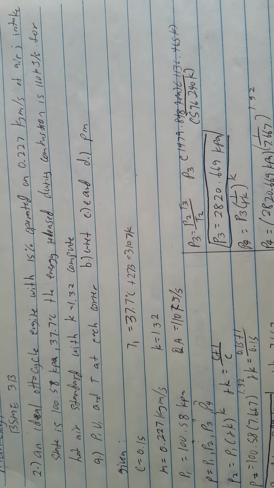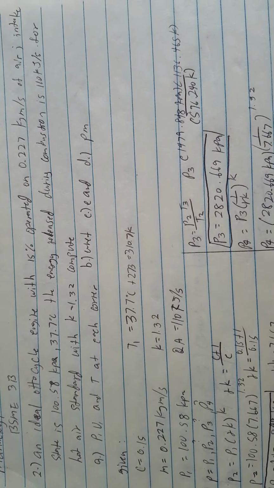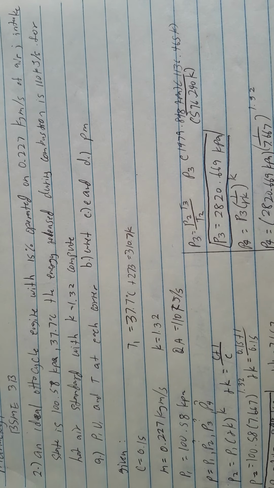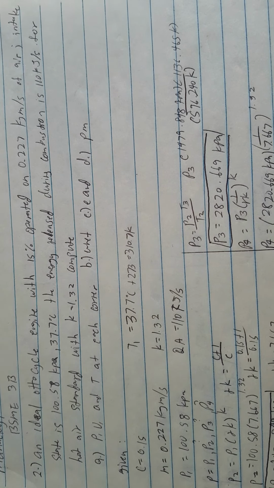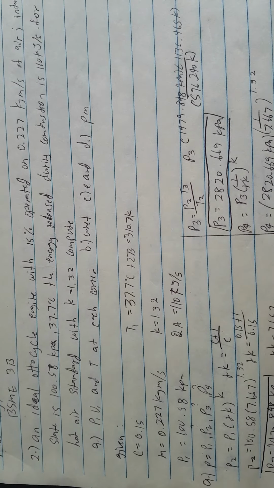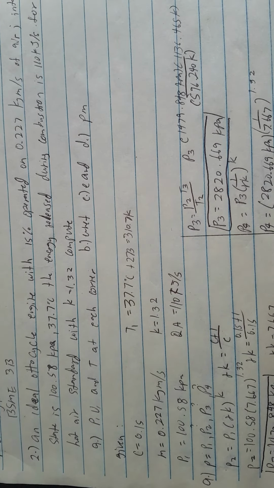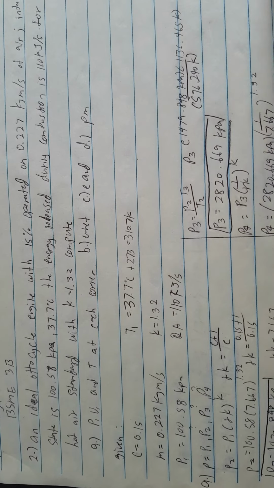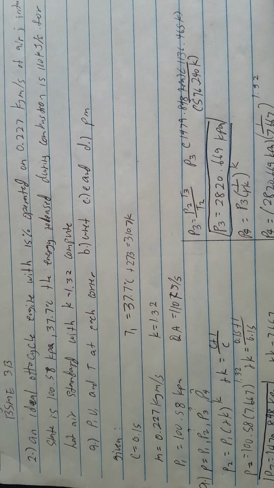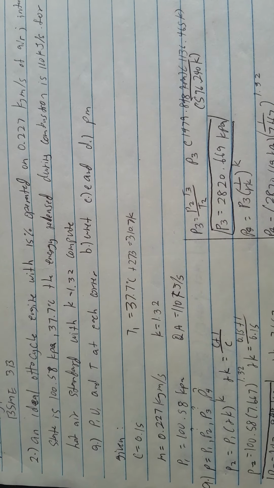Number 2. An ideal Otto cycle engine with 15% clearance operated on 0.227 kg mass per second of air intake. State 1 is 100.58 kPa, 37.7 degrees Celsius.